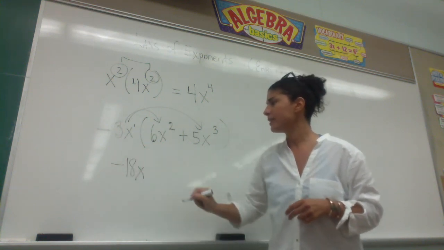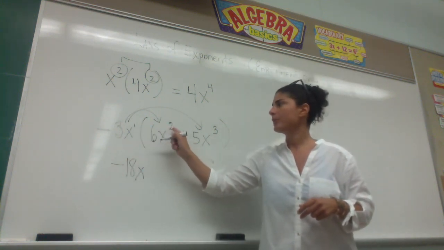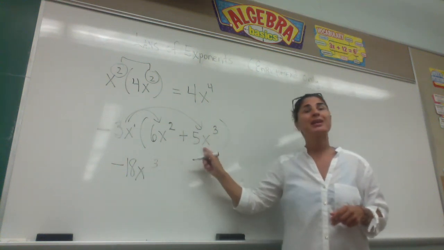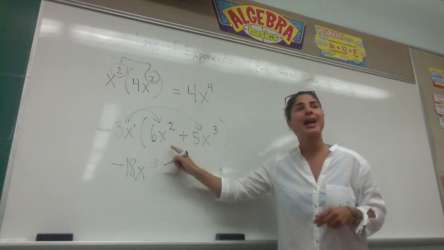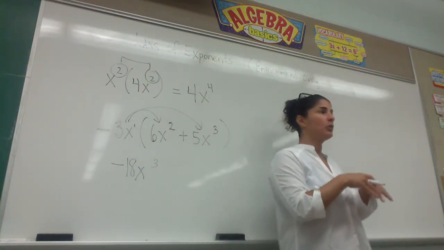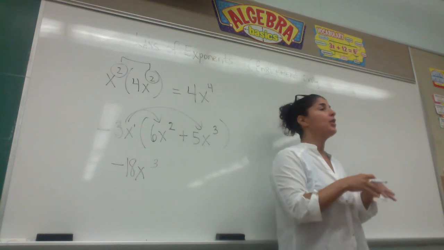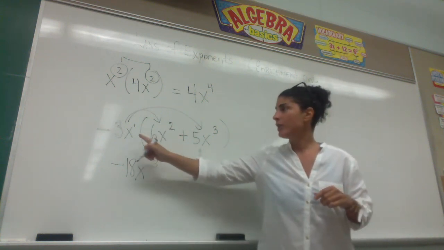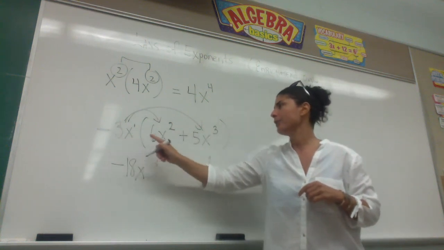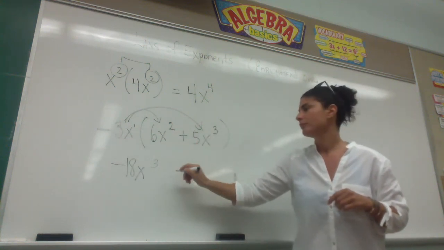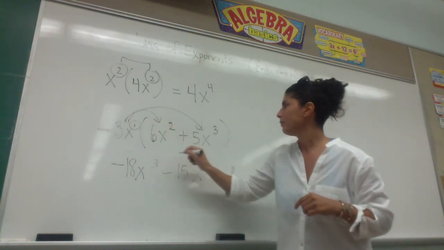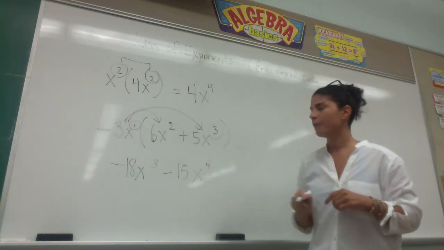And how many x's do I have? 1 plus 2 is 3. Now, I couldn't do it here because this is an addition. You cannot add them. But when multiplying, the laws of exponents tell you you could add your exponents. So here now, when I multiply this here, I'm going to have negative 3 times 5, negative 15. And I can add my exponents to the power of 4.